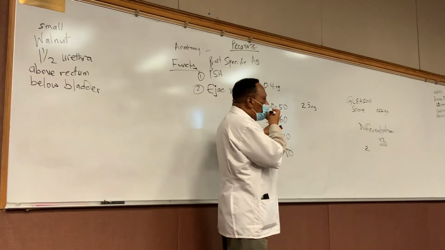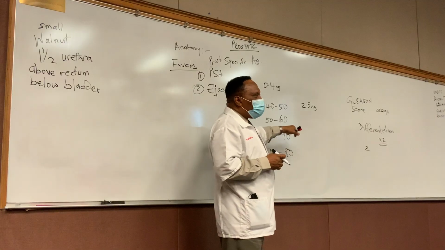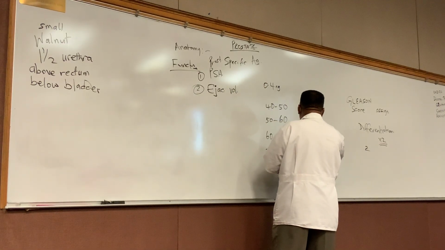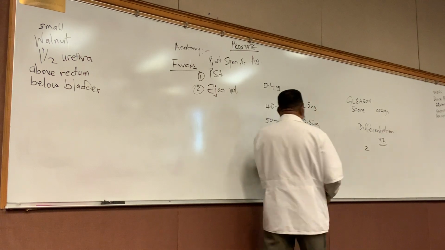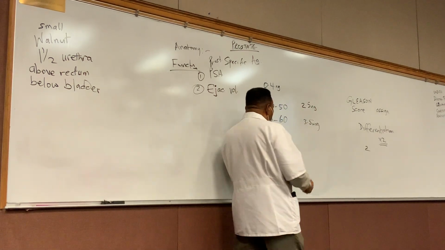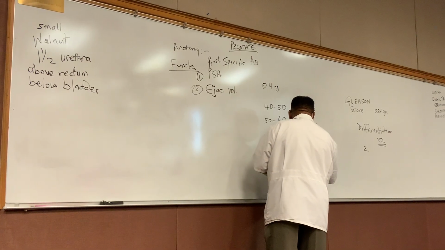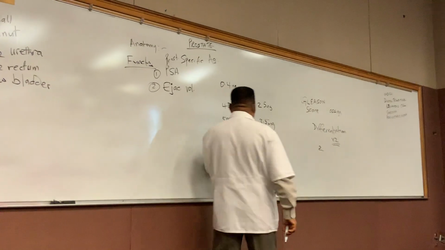The patient who is aged between 50 and 60, the normal for that person is like 3.5. And so you just add 1 to it up until you get to 80.